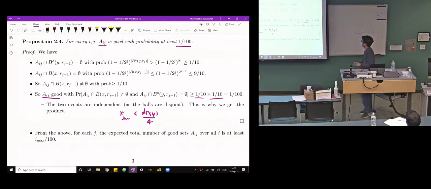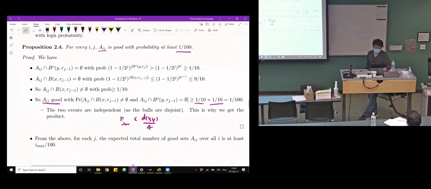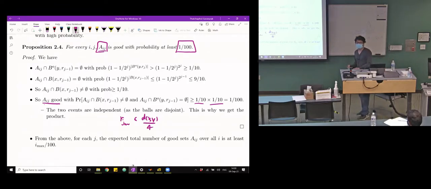Question about this? Exactly. It will be just like that. So now we have that each set is good with constant probability. Yes. Why are the two events different?